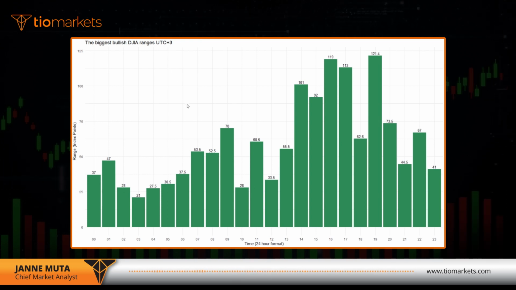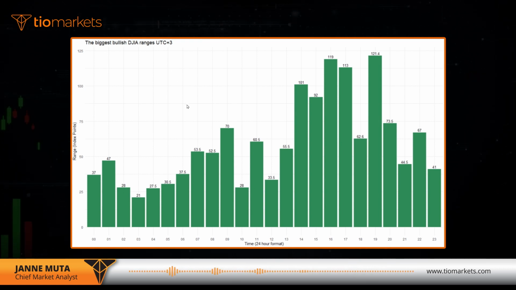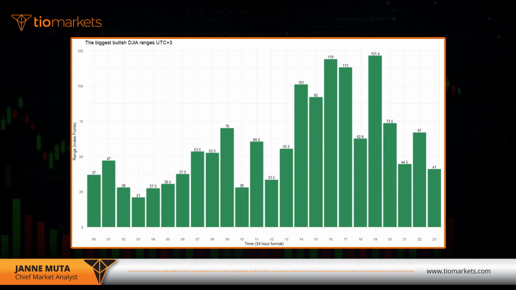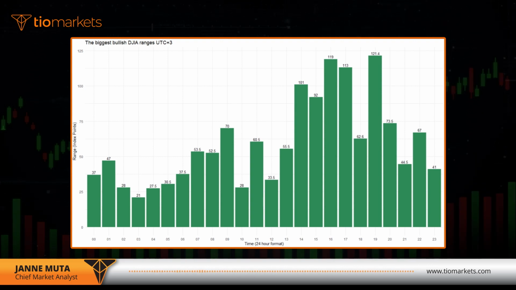And if you're looking at this chart and wondering what it means, basically we have aggregated all the hourly ranges, all the above average bullish ranges per timestamp.